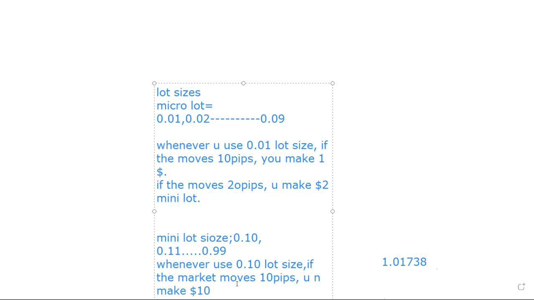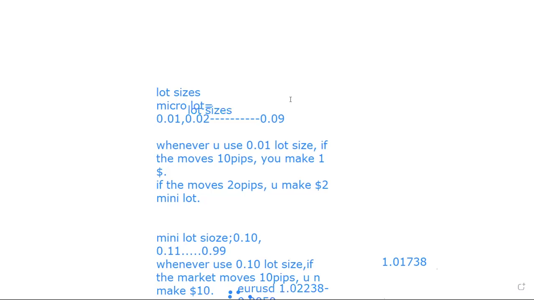Are we talking about micro lots or mini lots? We are on mini. Mini is from 0.10 to 0.99. So between 10 and 99, there is 50. So 0.50 lot size.